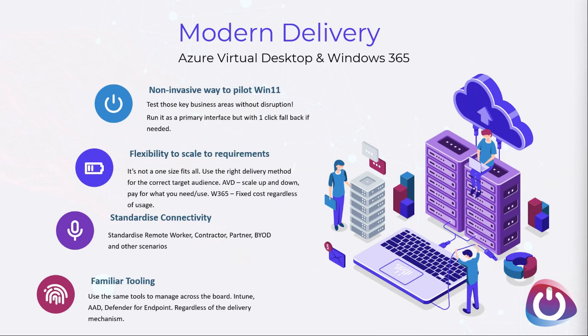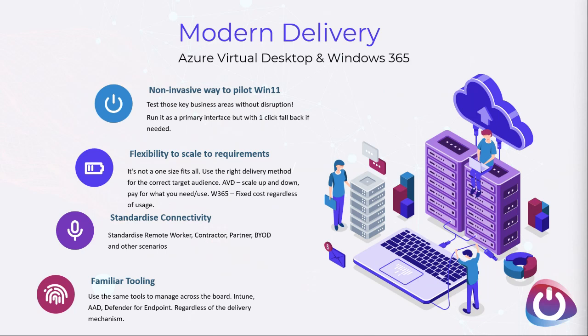If we could give a non-invasive method where we can say, here is a virtual desktop, so here's a Windows 365, for example, Windows 11 desktop, very low cost effort to deploy on that side, but the user can then start to use that as their primary device. But when they find something that doesn't work, it's not a case of IT immediately having to rush to fix it or give them another device, or the user even having to have two physical devices to switch between.